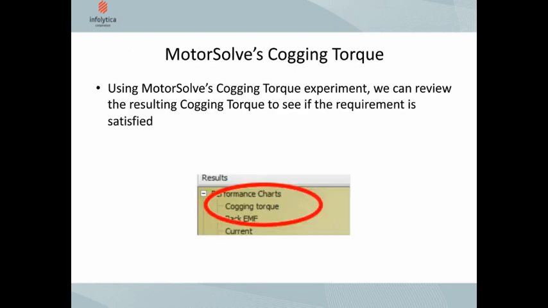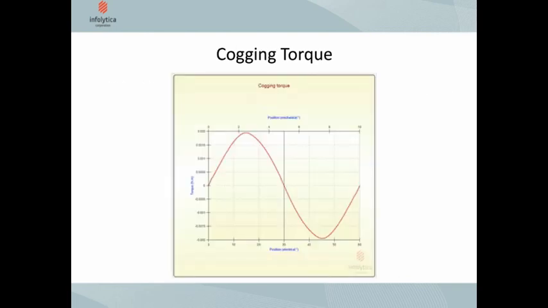A result of that test may look like this. It gives you a full period in the rotation of the machine. You can see here that this example has nearly 2 millinewton meters of cogging torque, and this would be a failing design because it's well above our maximum of 1.